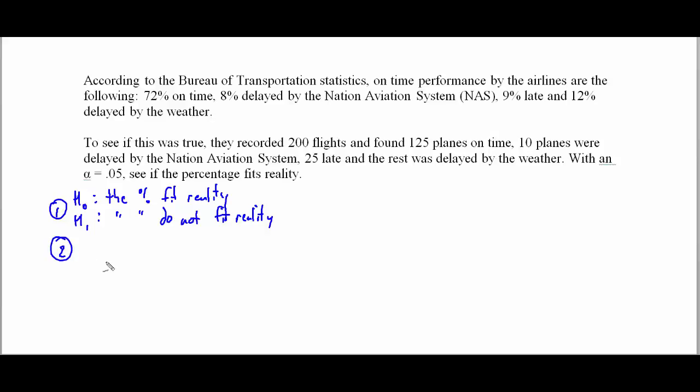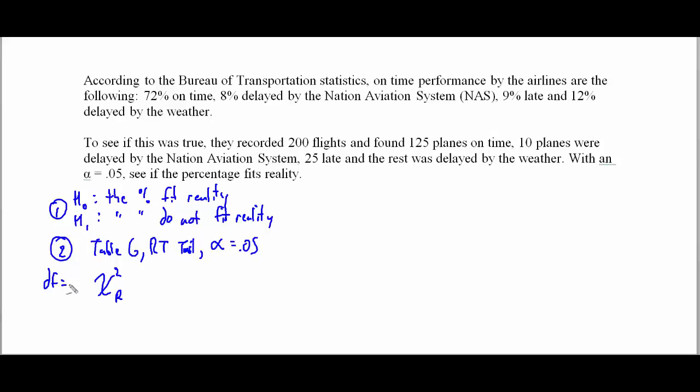Step 2, we're going to look at table G. Table G in our book is the chi-squared table. This is going to be right tail, so we are going to look up the alpha of 0.05 for chi-squared right, and that is going to give us 3 degrees of freedom.